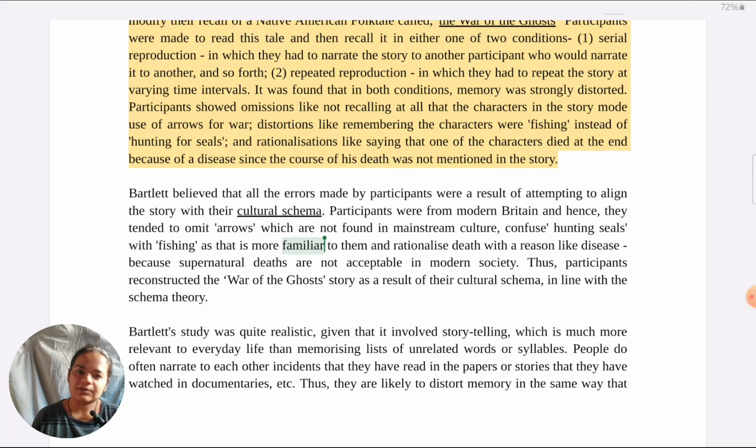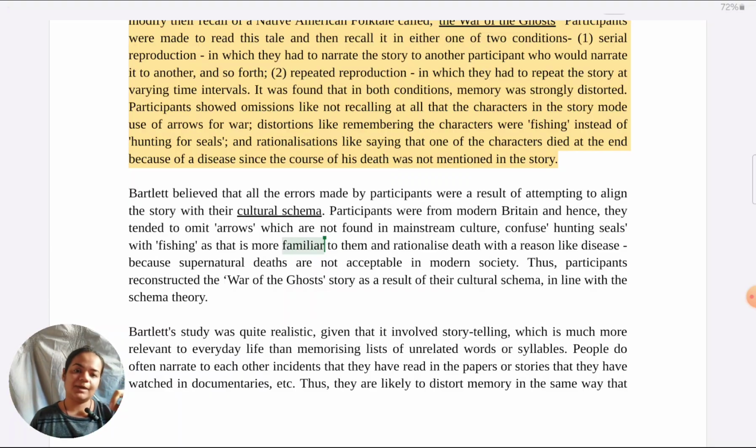how does that add to the argument? How does that develop the argument? It's just repetitive. This is adding to the argument, pointing out the exact problems that are seen in memory because of schema. I couldn't have given this before without the study, because it would not make sense. If I would just say there are omissions, rationalizations, what I am talking about would not be clear.